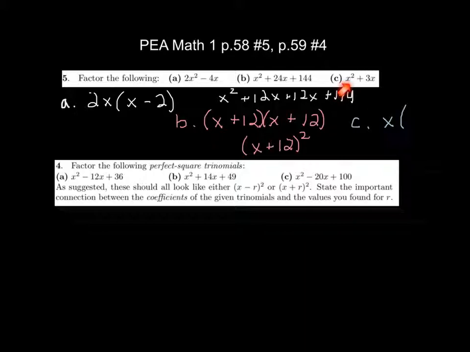Well, x squared divided by an x would give me an x. And then 3x divided by x, because I factored the x out, would give me a plus 3. And again, notice that x times x is x squared, x times 3 is 3x, that checks.